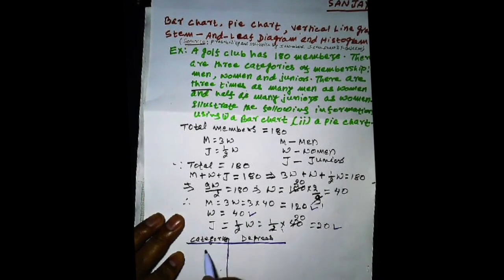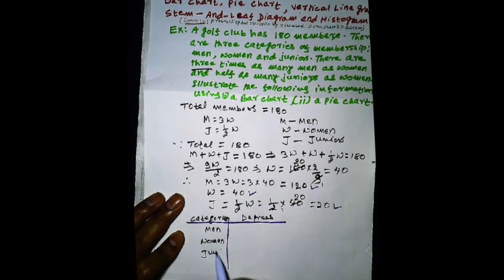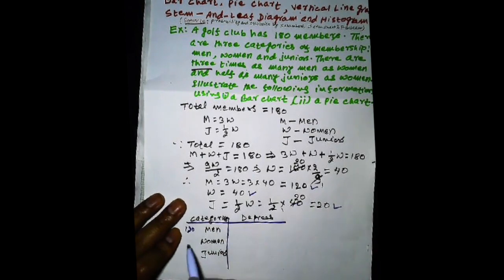So categories are men, then women, juniors, and we have seen here that number of men are 120, number of women are 40, and number of juniors, you can see here, is 20.